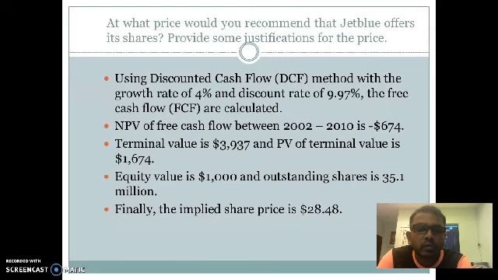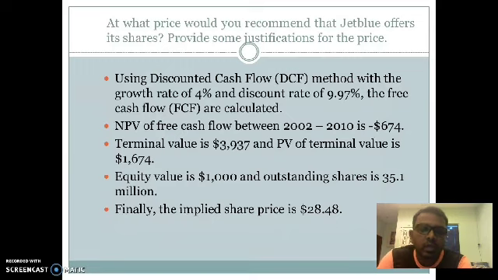Then we get the net present value of the free cash flow for each year, and the net present value of free cash flow from 2002 to 2010 is negative 674 million. The terminal value is 3,937 million. Basically, we calculate using the final year's free cash flow, and the present value of the terminal value is 1,674 million.